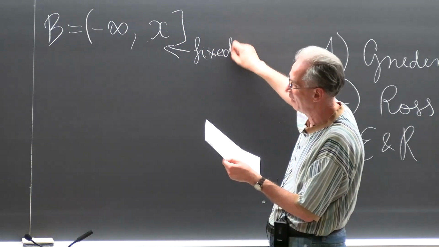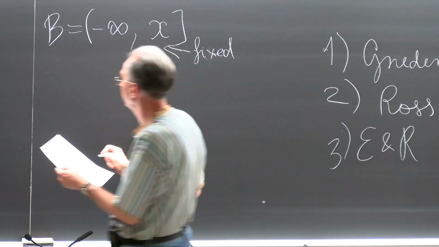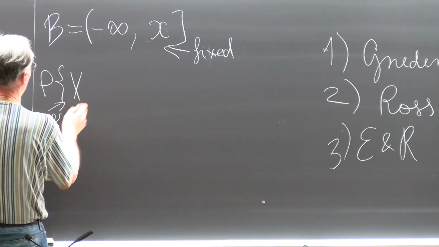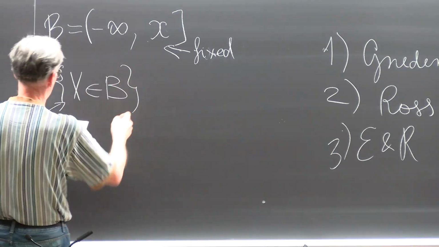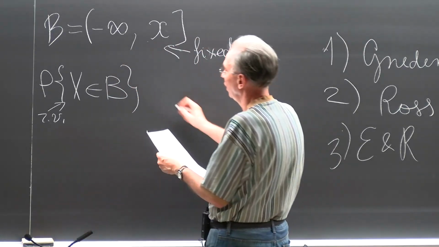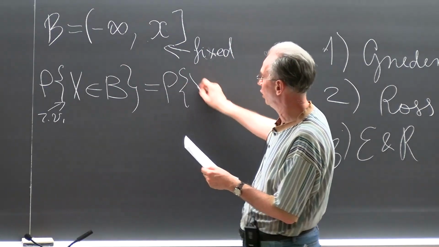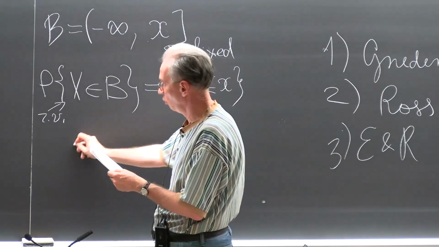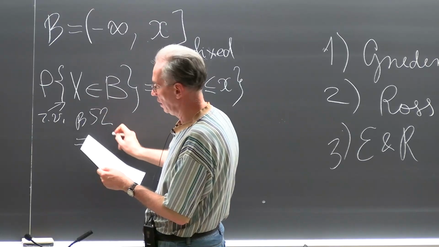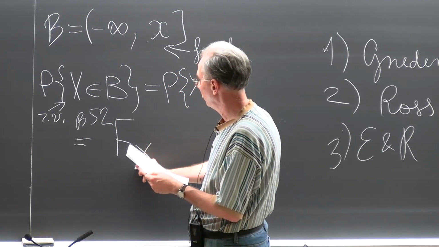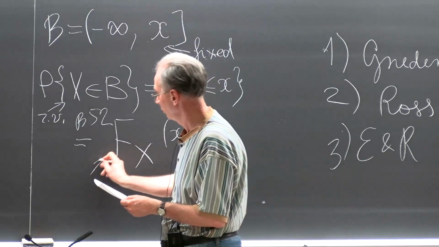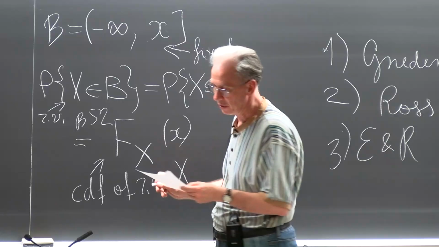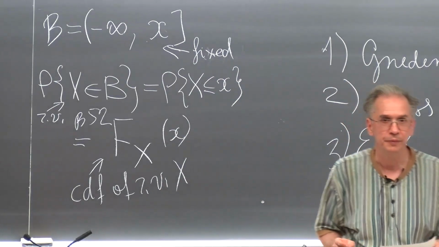So it's the fixed value of the argument, and the probability that the random variable X belongs to this Borel set on R1 is the same as the probability that the random variable is less than or equal to x. And you know from B52 that this is nothing but your CDF of the random variable capital X. Okay?